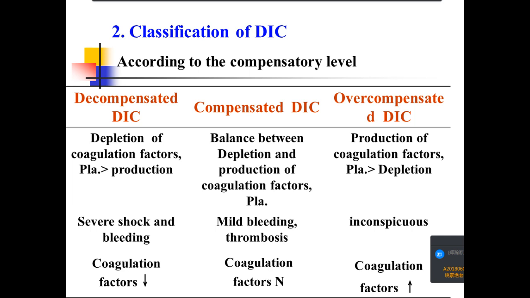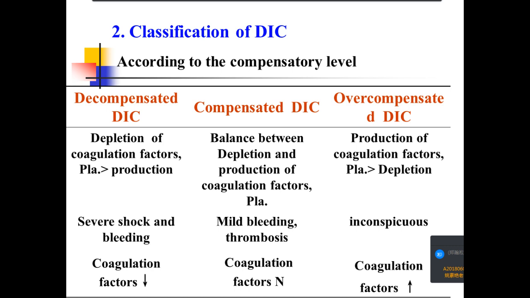Now, compensatory DIC has consumption and production the same, a balance between consumption and production of coagulation factors and platelets. So the patient has mild bleeding, such as nosebleed. Coagulation factors are normal because it is balanced. This may be chronic.